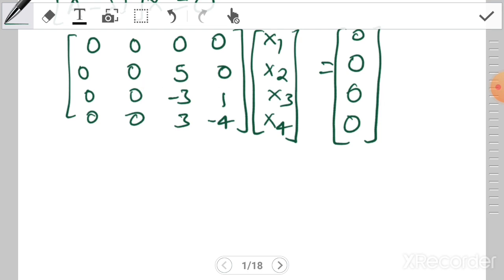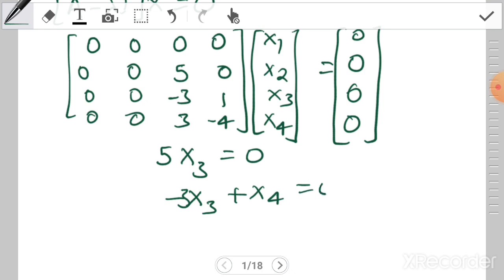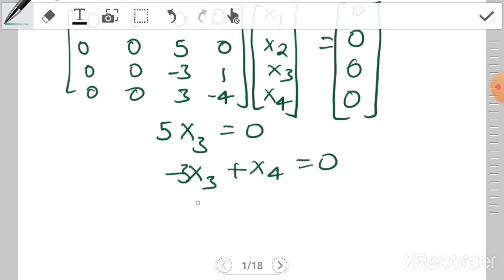We have 5 times x2, 5 times x3 is equal to 0. Second, minus 3x3 plus x4 is equal to 0, and 3x3 minus 4x4 is equal to 0.